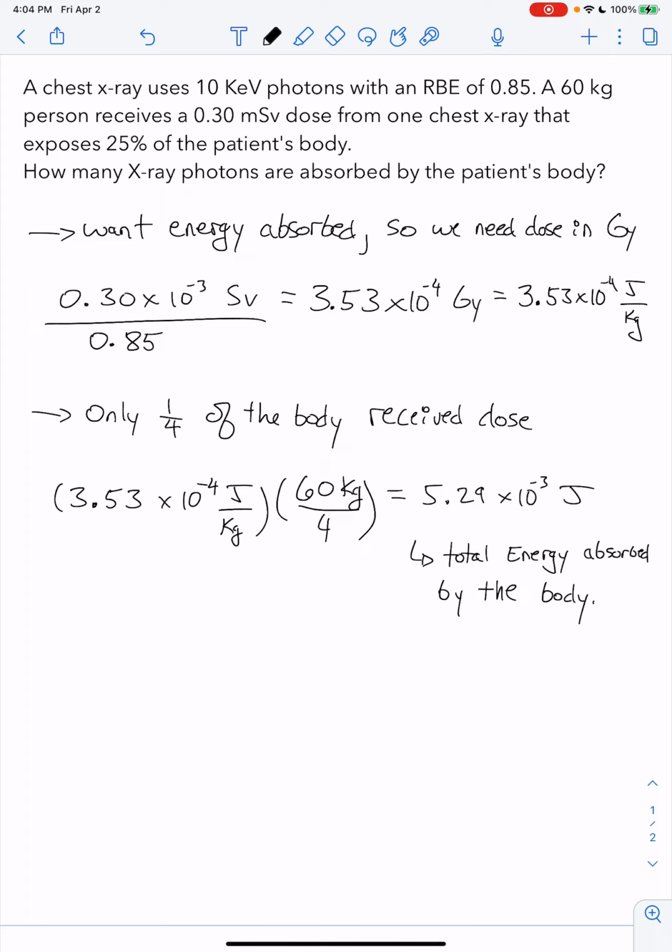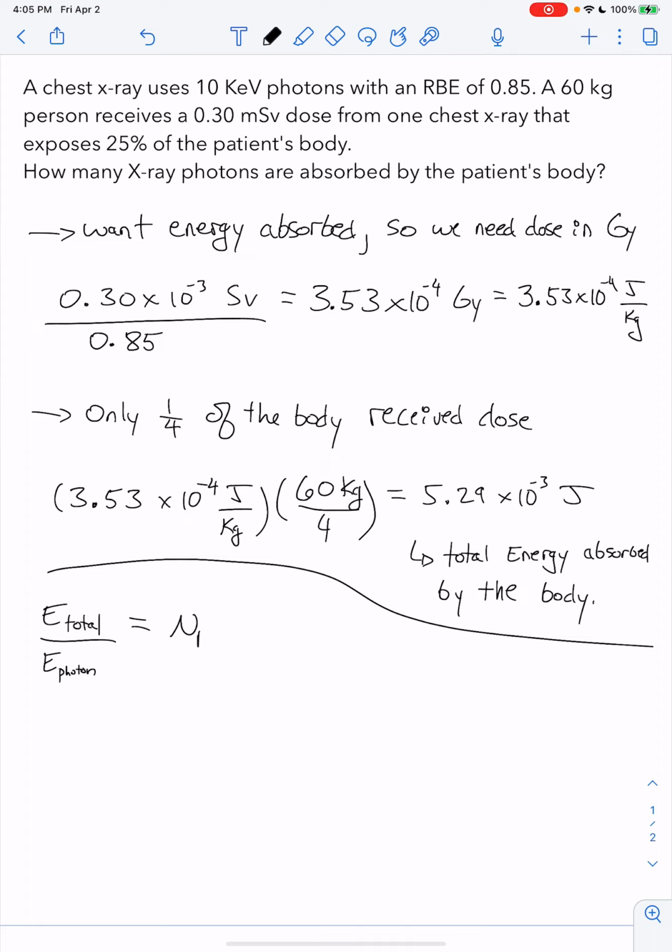Okay, so what did we actually want to find? Well, we found the total energy, and that's good, but we wanted to know how many X-ray photons are absorbed. All right, so to do that, we want to take the total energy and divide it by the energy per photon, and that will give us the number of photons.